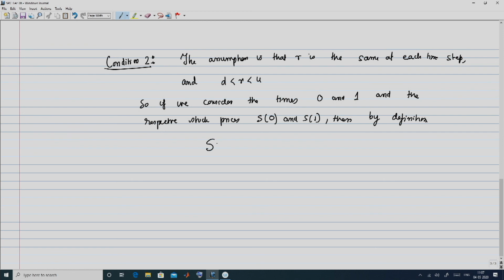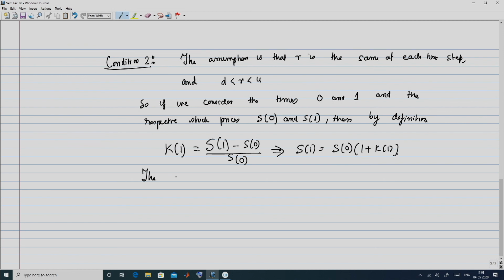We will get k of 1 is equal to S of 1 minus S0 divided by S0, and this implies that S of 1 is equal to S0 into 1 plus k of 1.